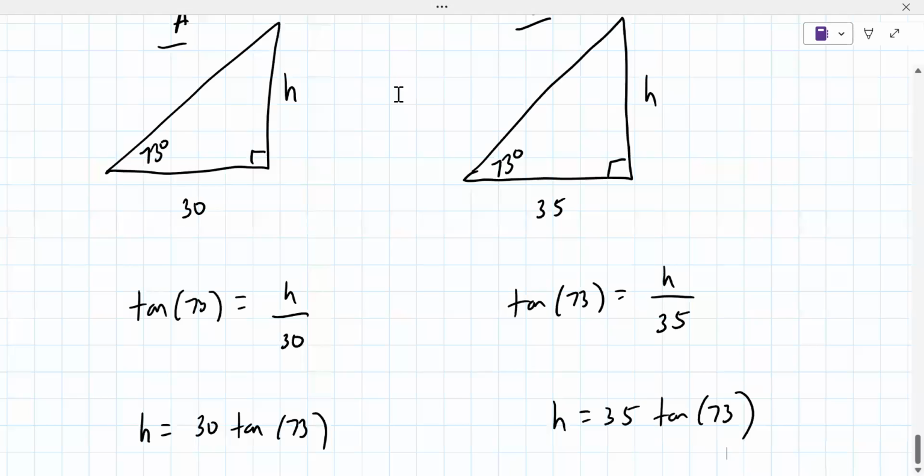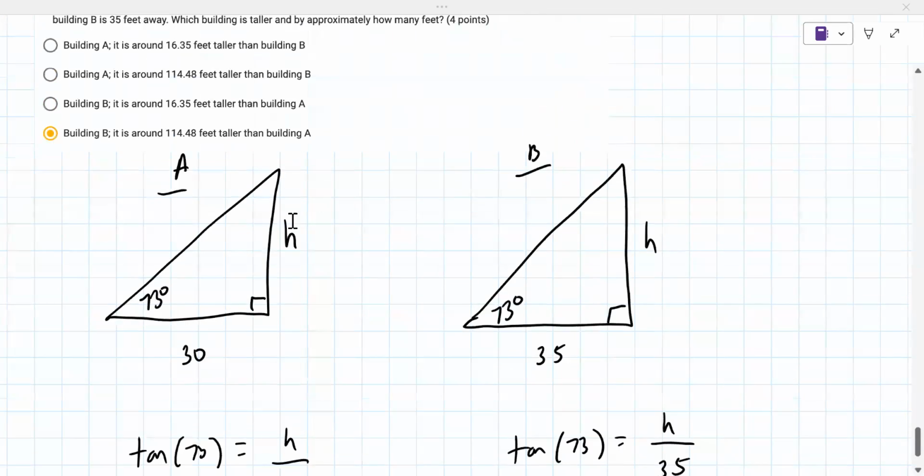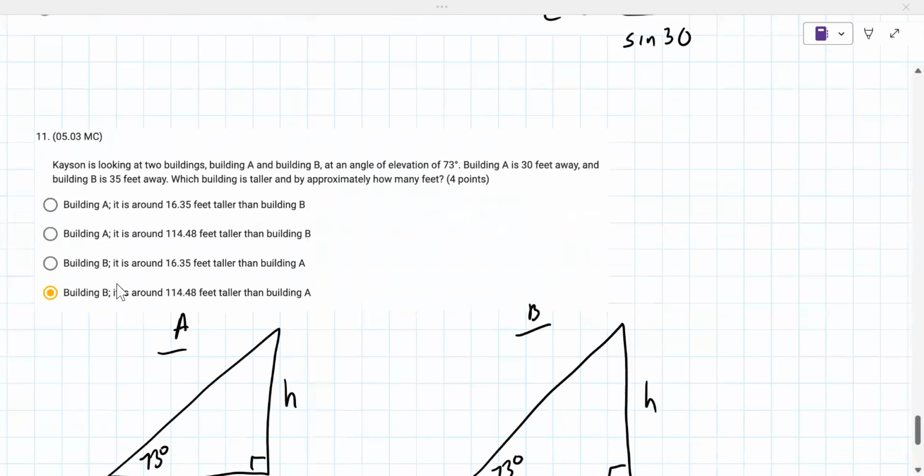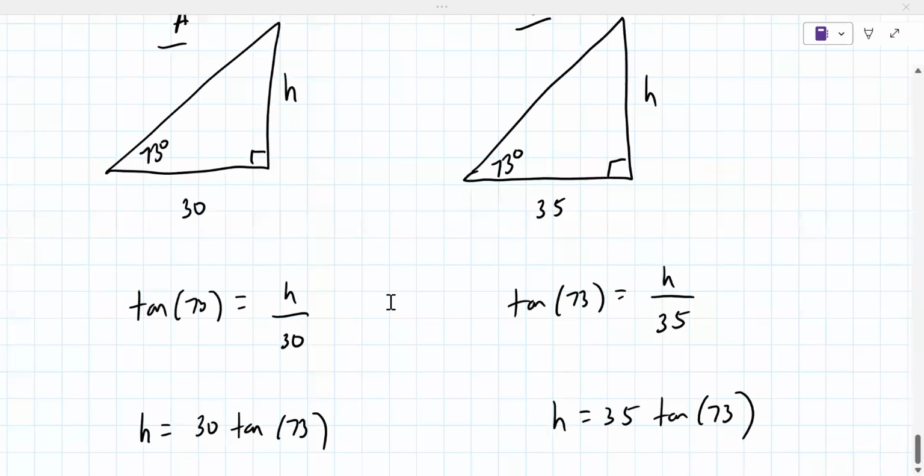I got 98 for building A, and for building B I got 114.4. So it looks like the second one is taller by about 16.35 feet.